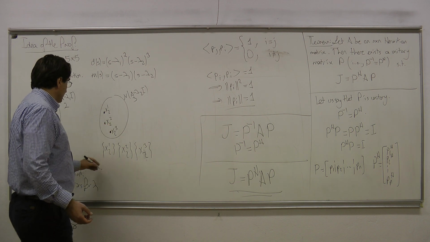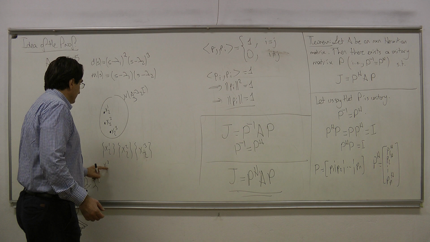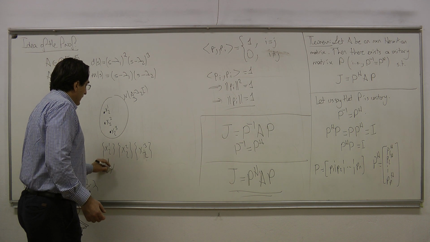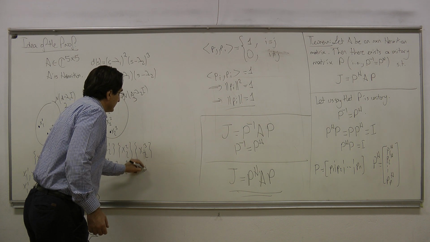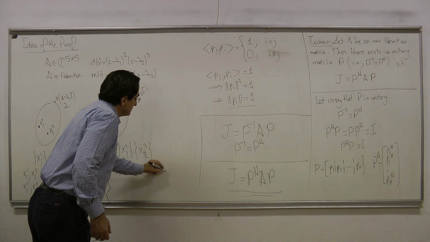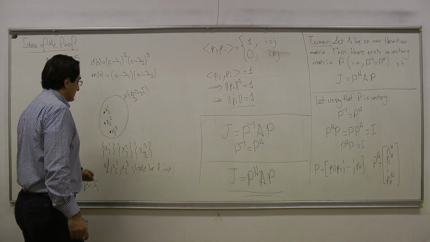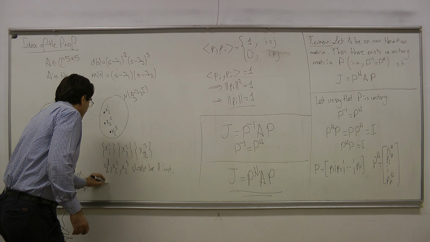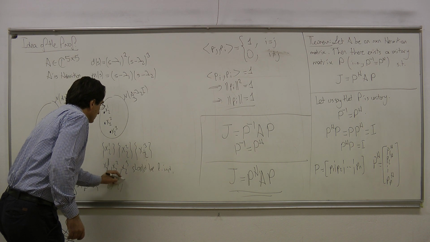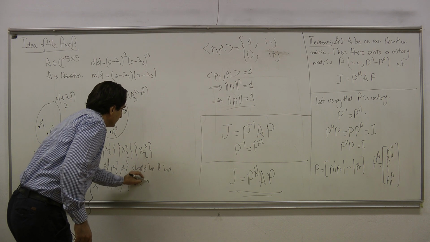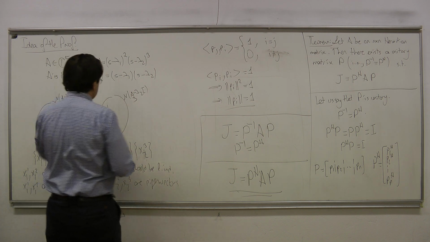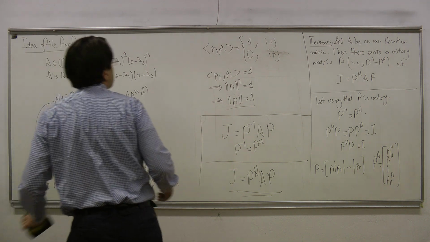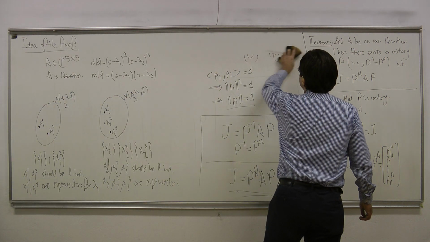So here, what are the conditions in this case? x21, x22, and x23 should be linearly independent. And I know that these vectors, x21, x22, and x23, are eigenvectors. So now this completes my chains of vectors.